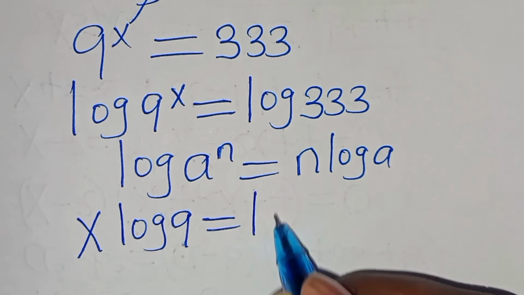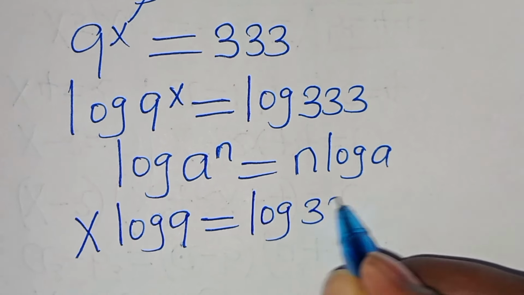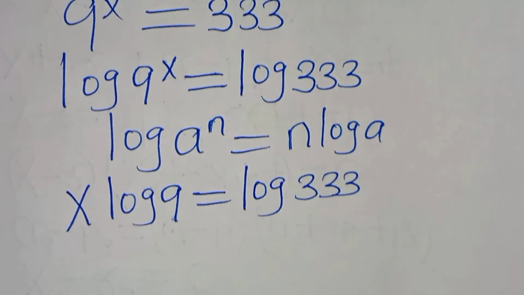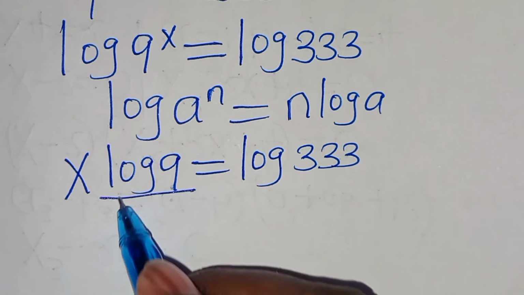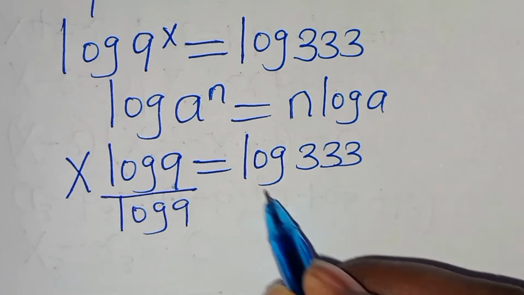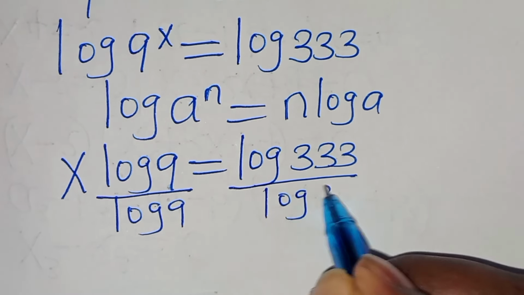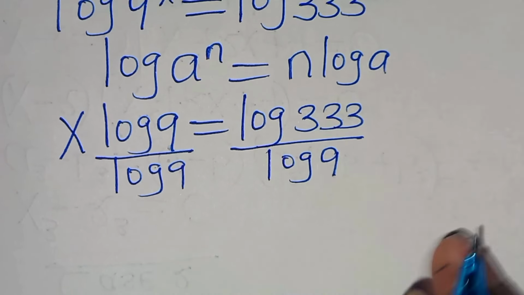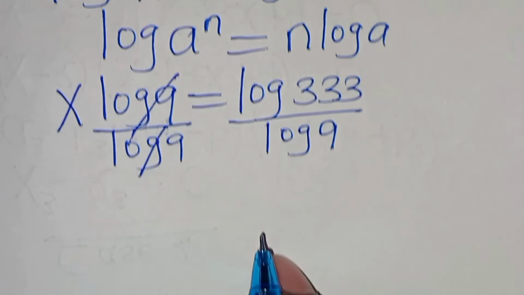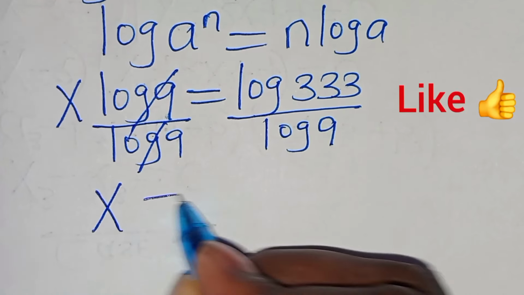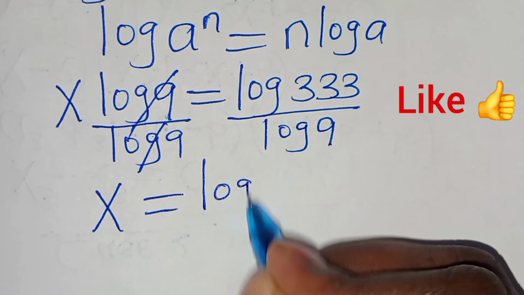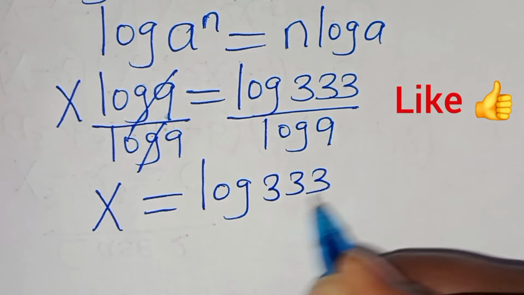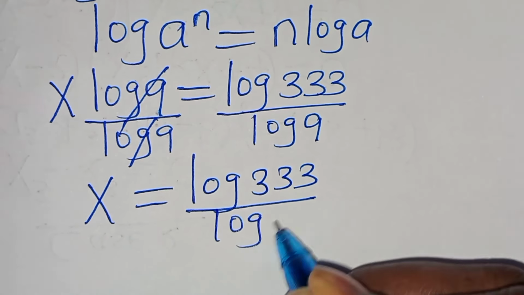Applying this power rule property, log 9 to the power of x becomes x log 9. This is equal to log 333. So let's divide both sides by log 9, and simplify, and this implies that x is equal to log 333 divided by log 9.